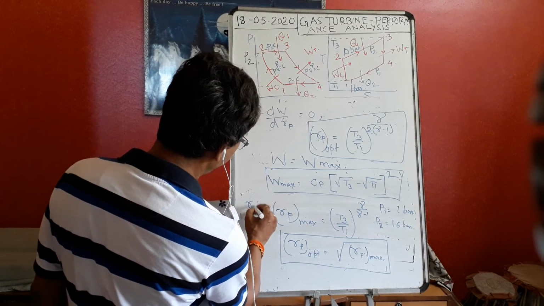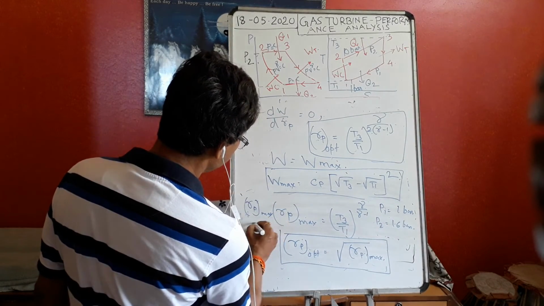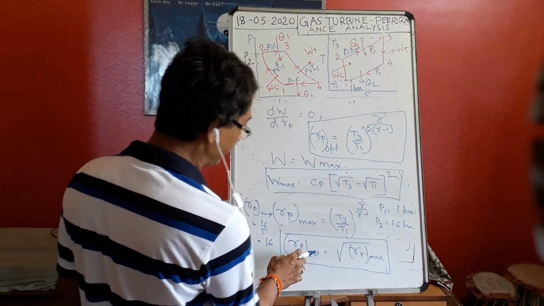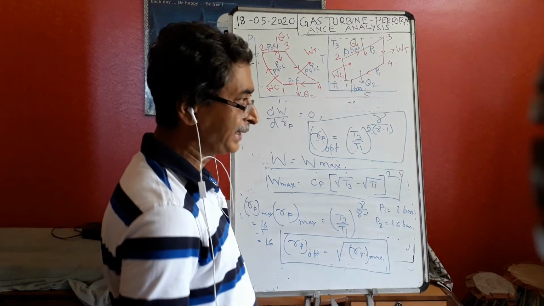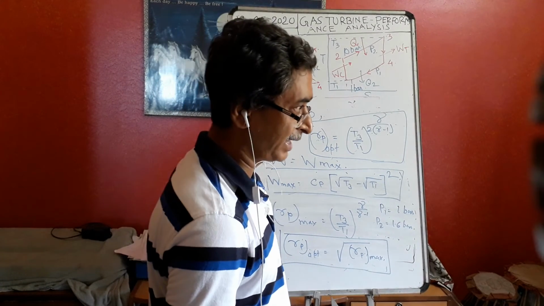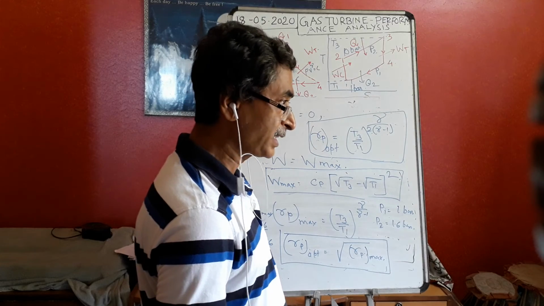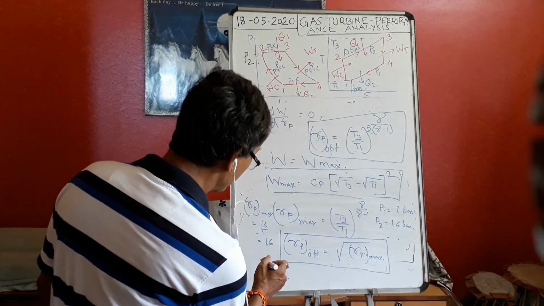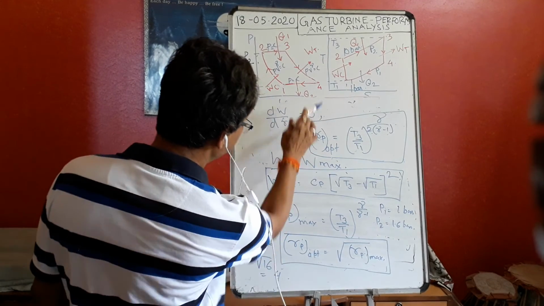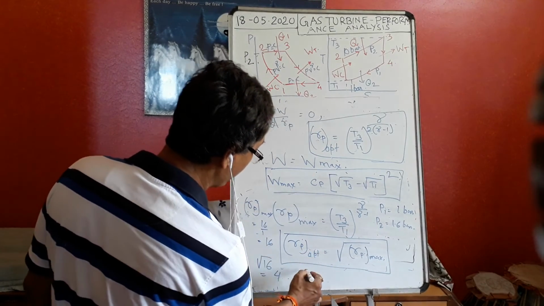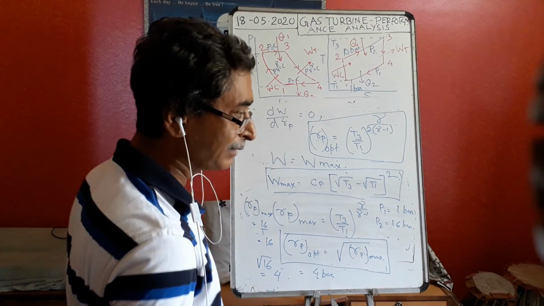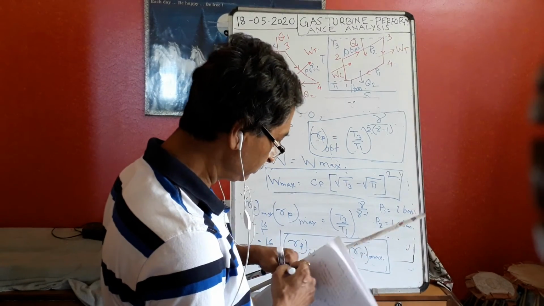RP max is 16 by 1, which is 16. That means I can raise the pressure from 1 bar to 16 bar at maximum. But at which pressure ratio will I operate? Root over 16. RP optimum is 4. So I will operate at a pressure ratio of 4. Why? At 4 our cycle will give the maximum output.